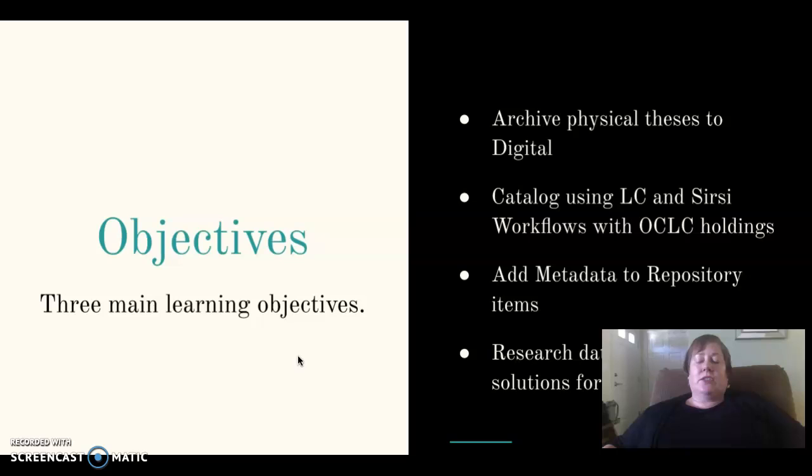The OCLC Holdings allows a user to search in the WorldCat catalog and then retrieve that item by logging into their institution. I also added metadata to the repository items in Omeka, and we'll discuss that later on. And I researched data harvesting with the Omeka repository.